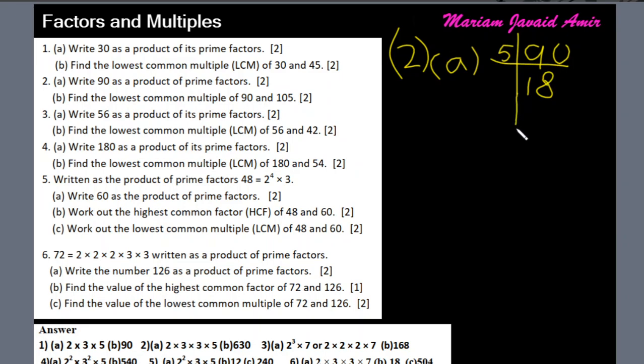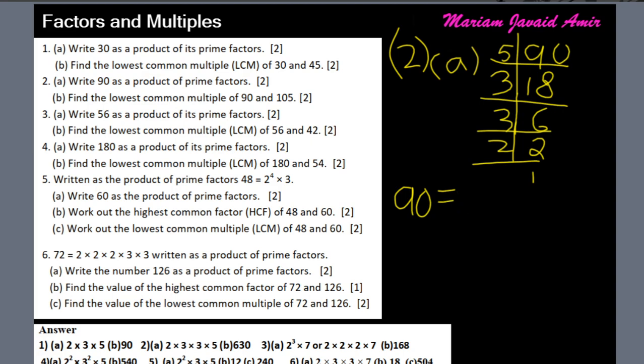So 5 18s are 90, and then I'll use 3. 3 6s are 18, and then 3 2s are 6, and 2 ones are 2. So the prime factors of 90 are 2 times 3 square times 5.